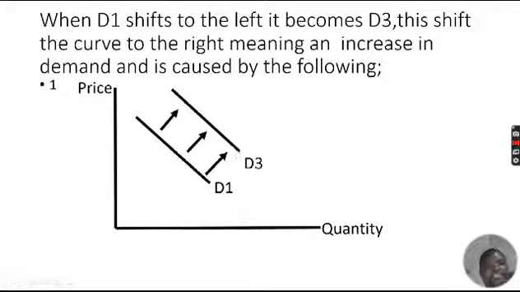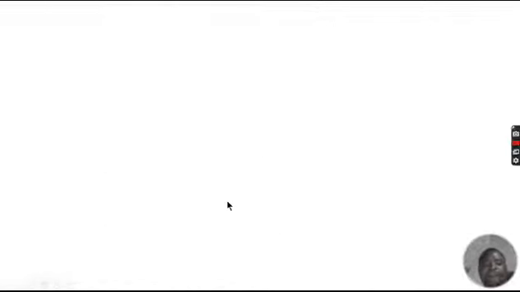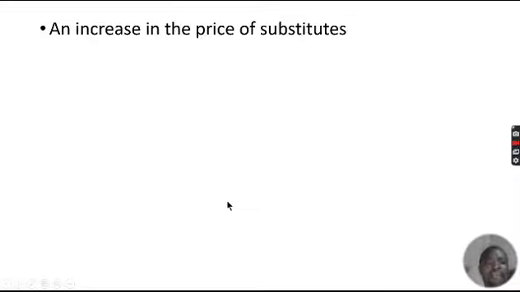It has caused an increase in demand. Wow. And what are some of the factors that will lead D1 to move to D3? Let's talk about them. Number one, an increase in the price of a substitute. Now, people ran away when the price of tea was increased.